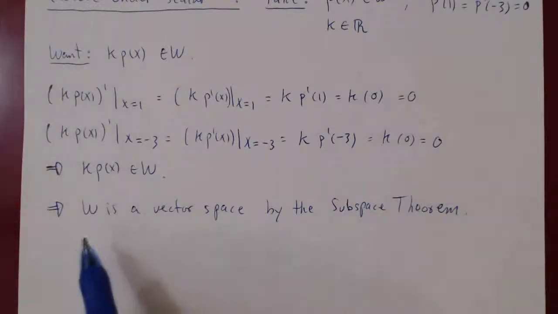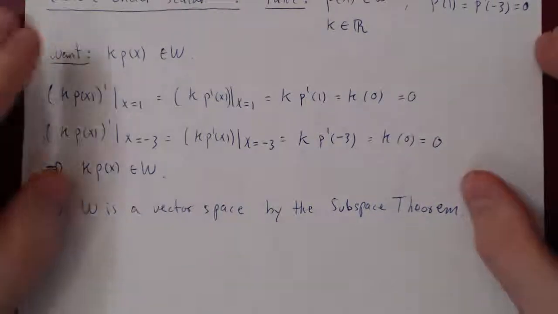Now, since we know we have a vector space, let us find a basis of this space and its dimension. And as always, to find the basis of a vector space, we have to consider the elements explicitly. So let me just rewrite what W is.